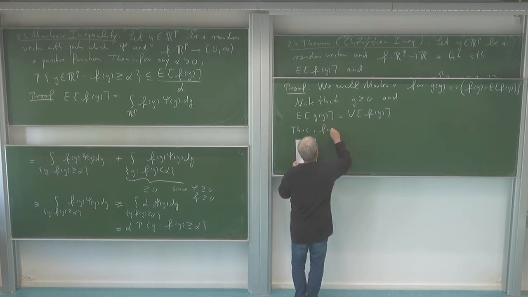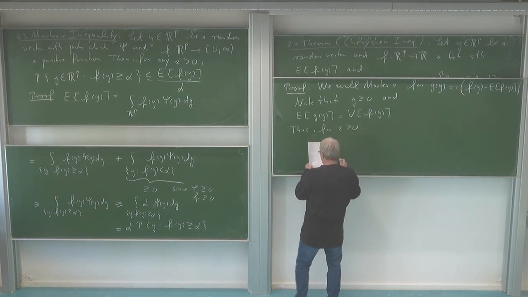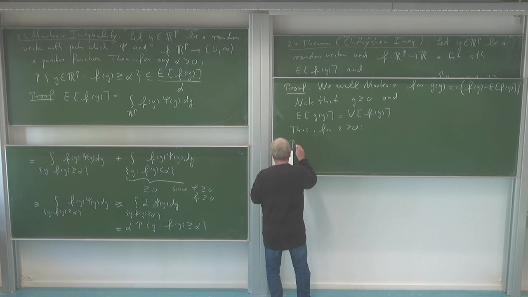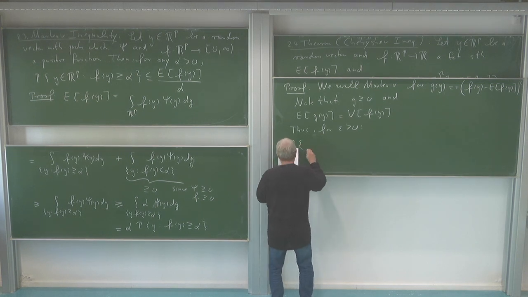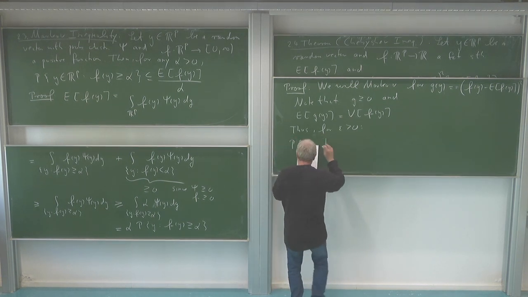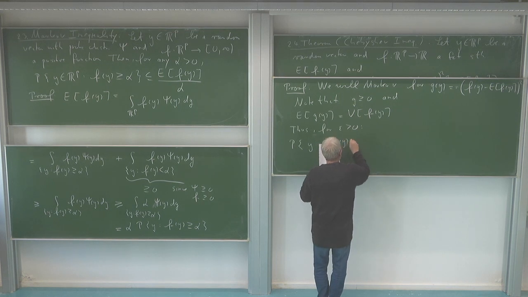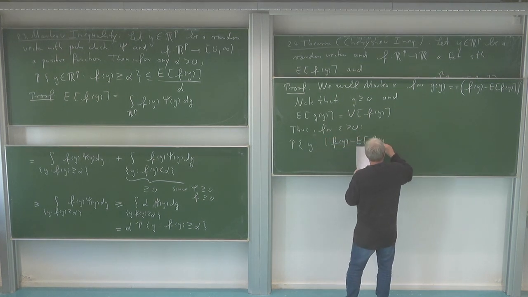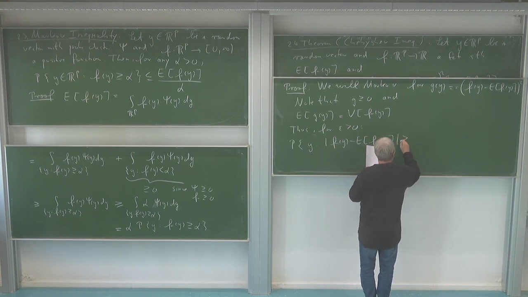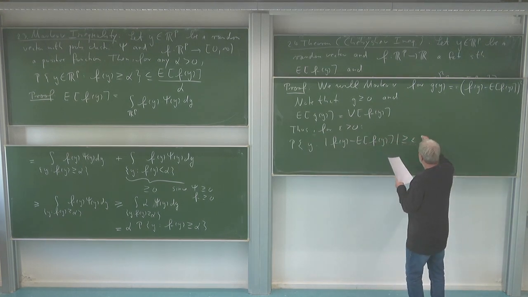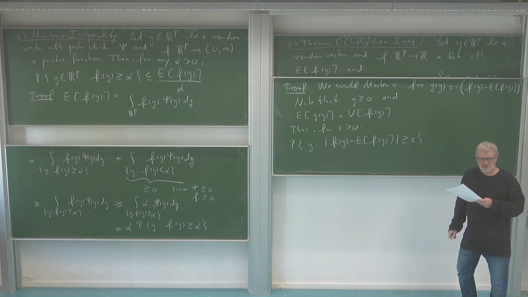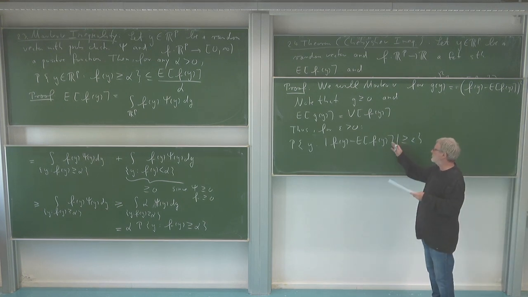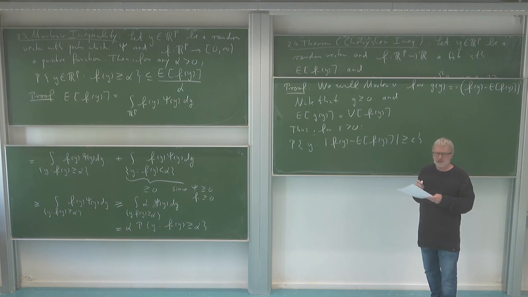So I have epsilon bigger than 0. And what I still want is the y's for which the absolute value of f of y minus the expectation of f of y is bigger than epsilon. This is hard to deal with because of the absolute value. But instead of looking at this inequality, I just square it on both sides.